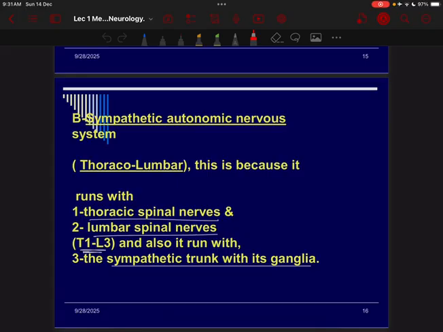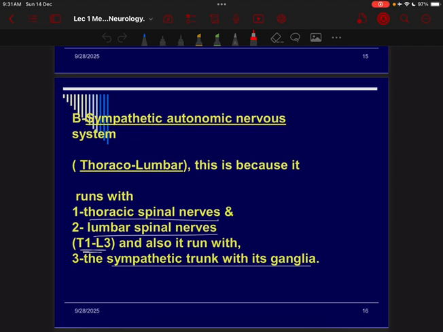And also, besides the sympathetic trunk, we have the sympathetic ganglia. So this is a broad classification of how the nervous system is organized anatomically.